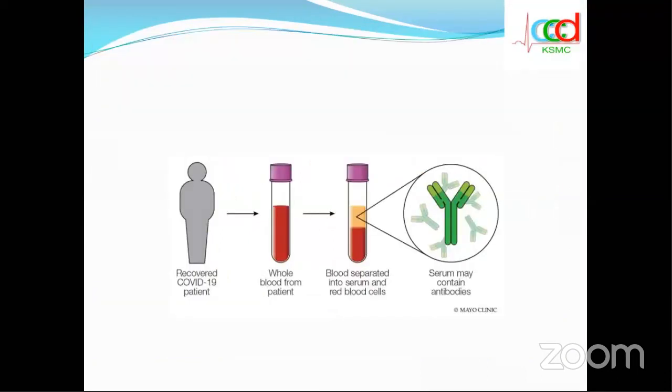This is the ELISA they are using to determine if the blood does actually contain antibodies specific to the virus. Blood is collected from the patients who had a positive PCR test, now the test is negative, of course, and we are doing apheresis.